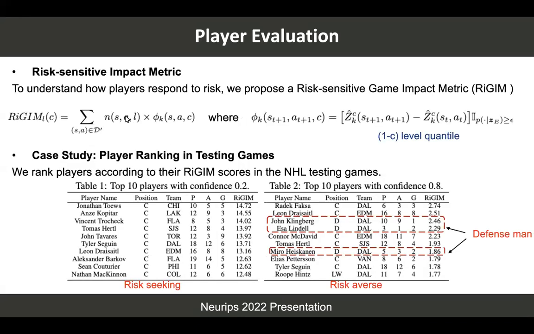Yeah. So you see here, the impact is actually some scalar value. This impact is a scalar, and this is just how many times the player takes this action at this state. So you can see this table.